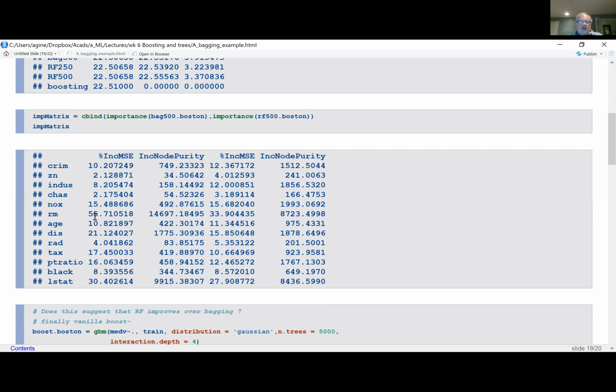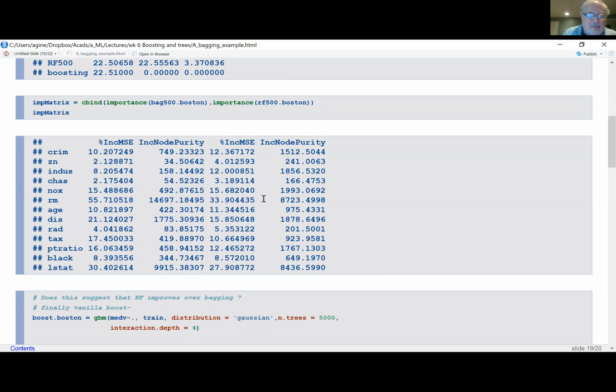So what's gone up? The industrial area, yeah, industry has gone up. Crime a little bit. It's kind of interesting to compare them.